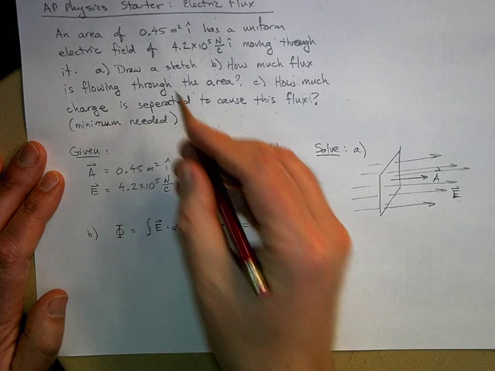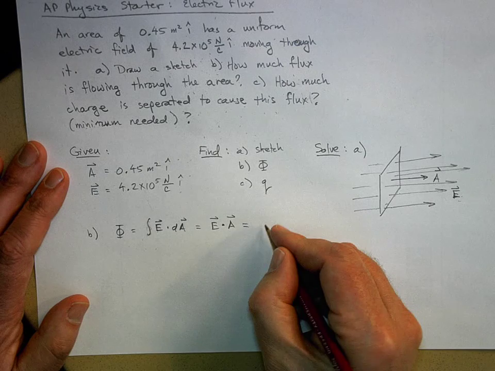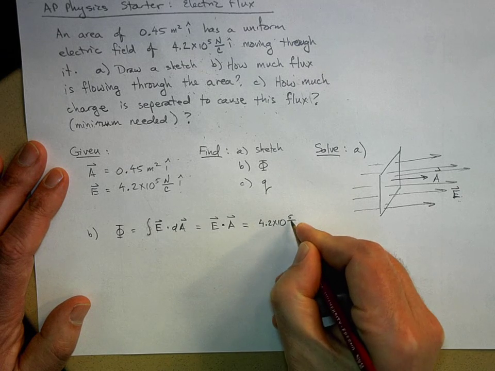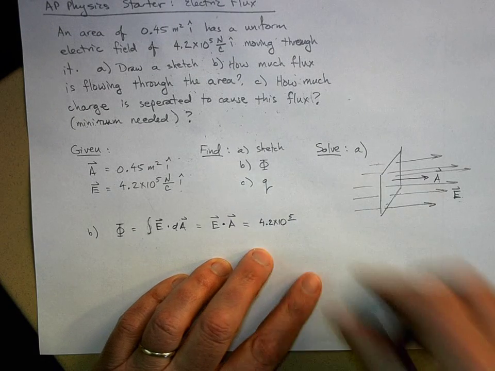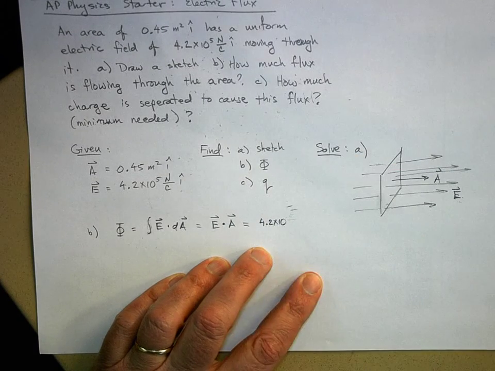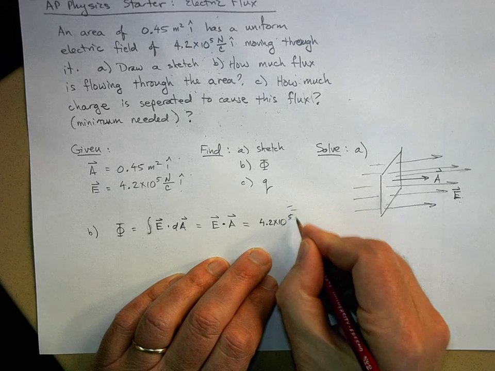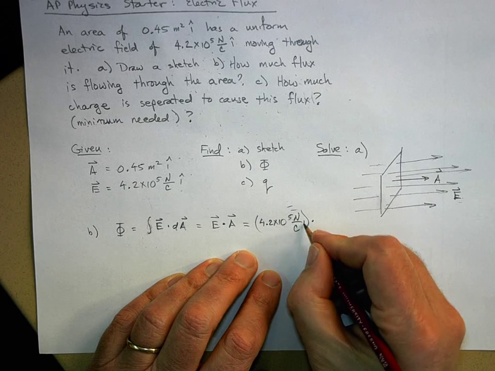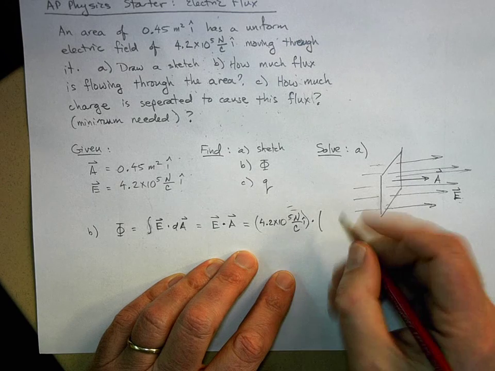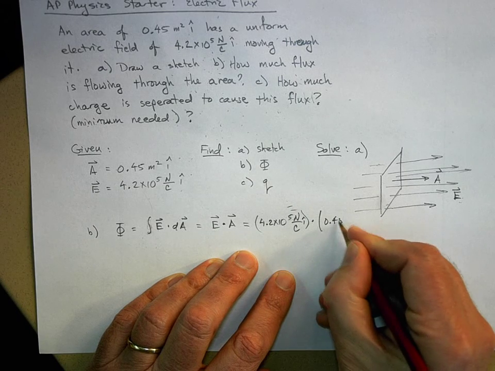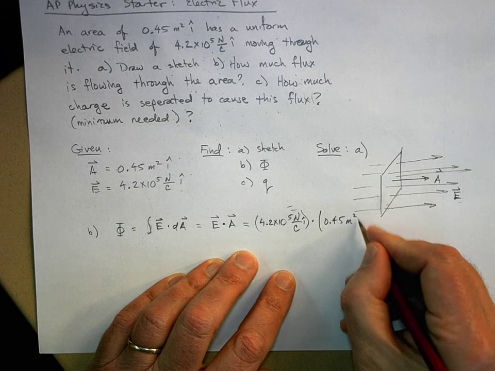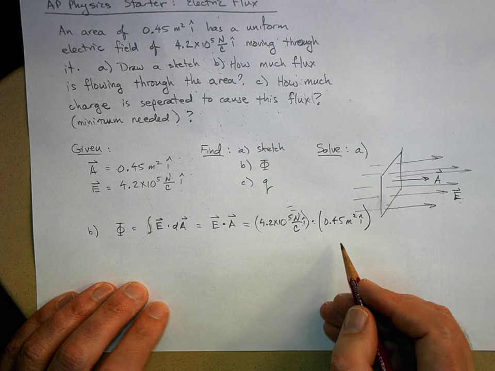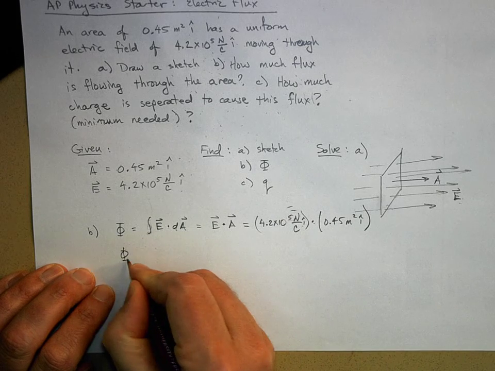So the electric field is 4.2 times 10 to the 5 newtons per coulomb in the I-hat direction, and we dot that with the area vector, 0.45 meters squared in the I-hat direction. Of course, I dot I is 1. Then we just have to multiply those to get the amount of flux.